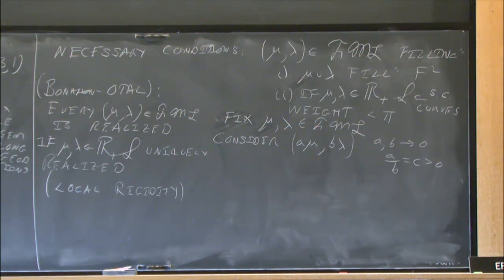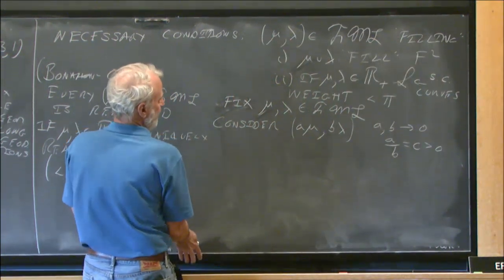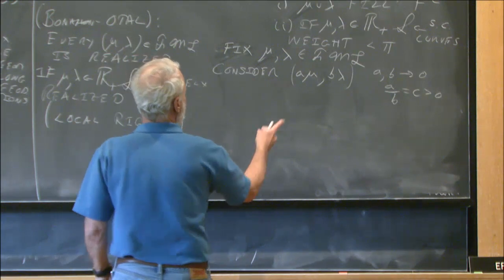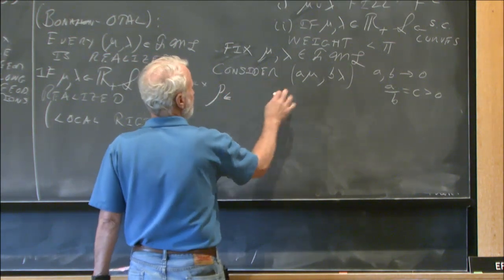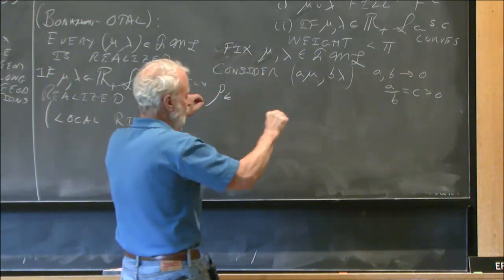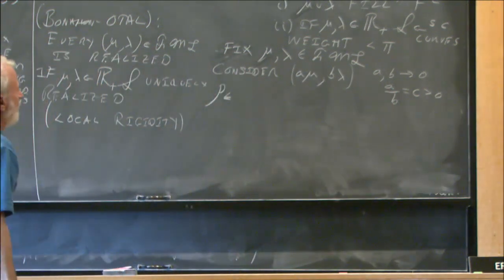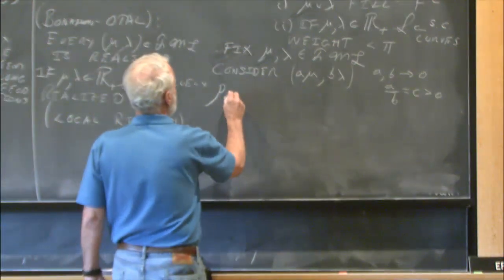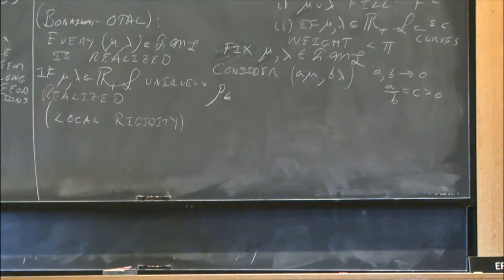Right, so consider this. In this situation, we have a family. Just think of A and B going in a linear fashion towards 0. We have, therefore, a one-parameter family of representations of the surface group into SO(3,1).